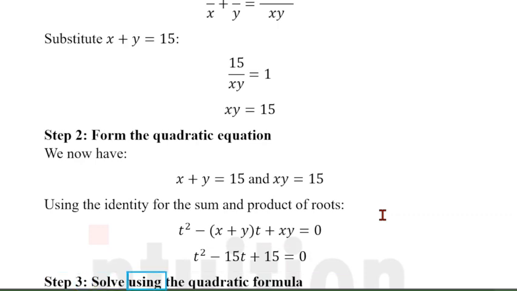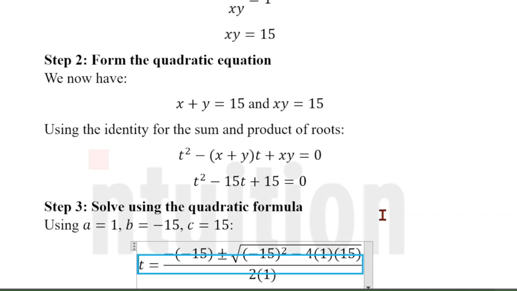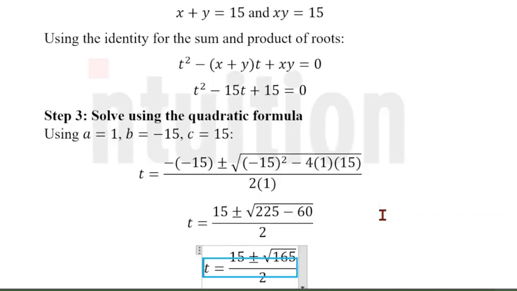Step 3. Solve using the quadratic formula, using a equals 1, b equals minus 15, c equals 15. t equals numerator, minus open paren minus 15 close paren plus or minus square root of open paren minus 15 close paren squared minus 4 open paren 1 close paren open paren 15 close paren, over denominator 2 open paren 1 close paren. t equals 15 plus or minus square root of 225 minus 60, over 2. t equals 15 plus or minus square root of 165, over 2.